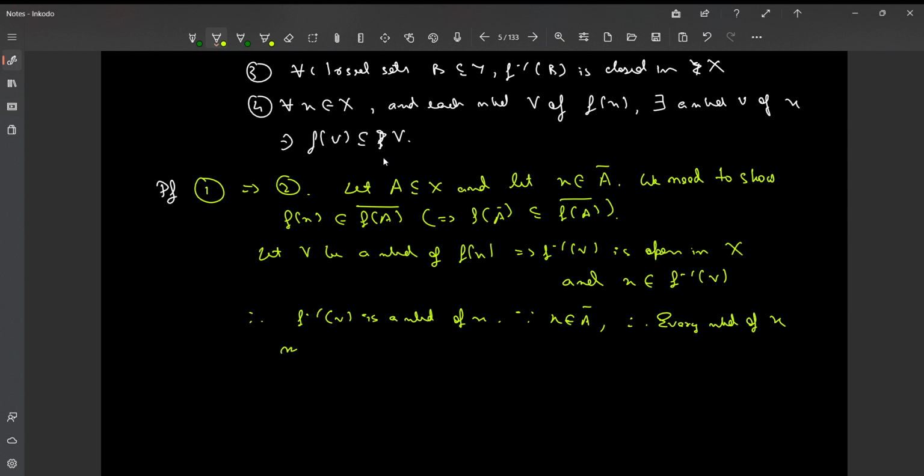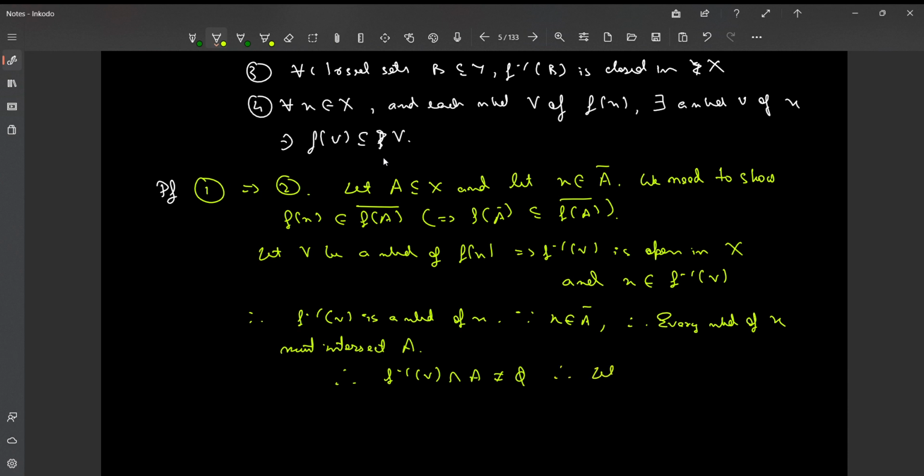Therefore, every neighborhood of x must intersect A. In particular, f inverse V must intersect A, so f inverse V intersection A is non-empty.